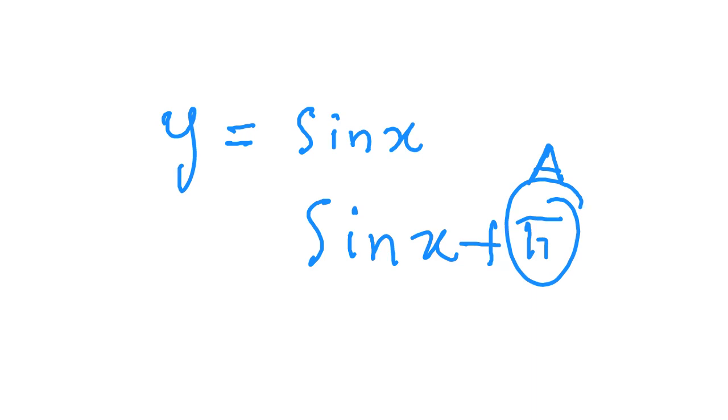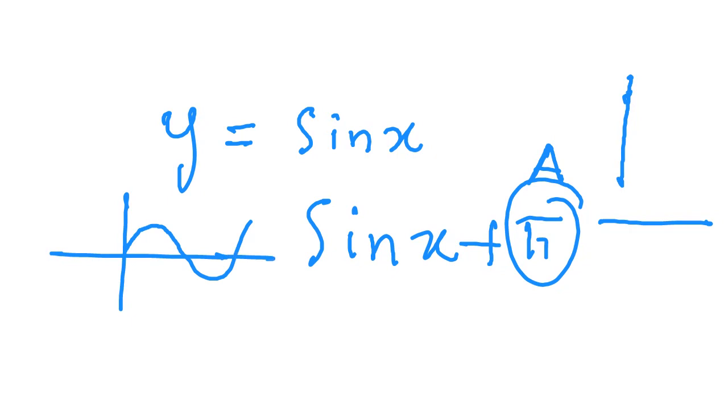Remember, a line like this is vertical, a line like this is horizontal. So it's going to shift our graph upward. Let's say sine x is this graph, and if you want to have a vertical shift, it's going to shift it this way. That's all it means.